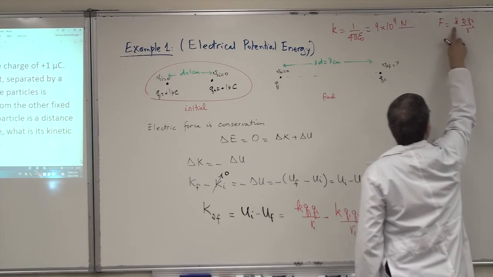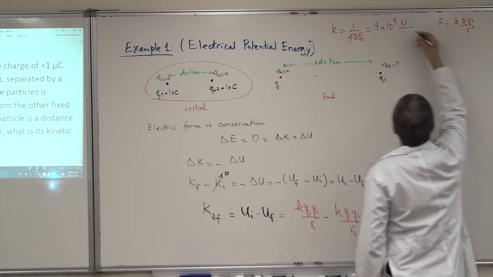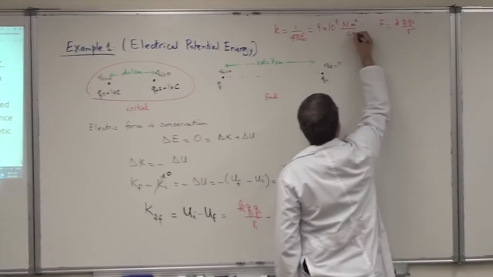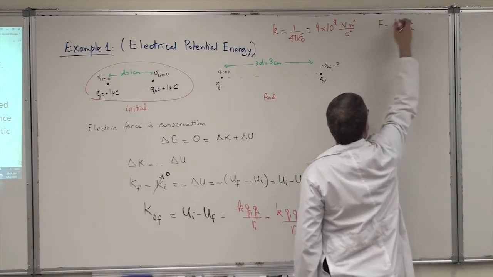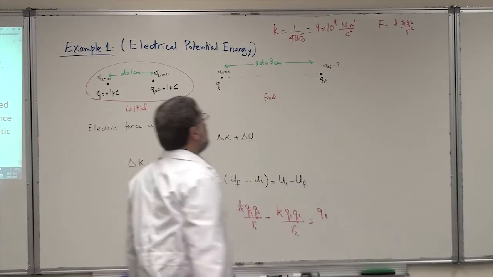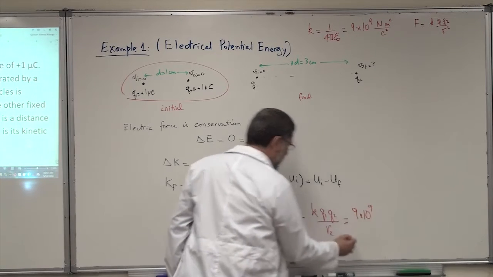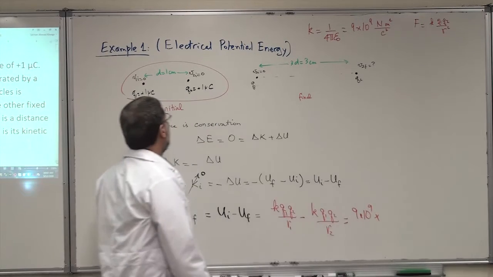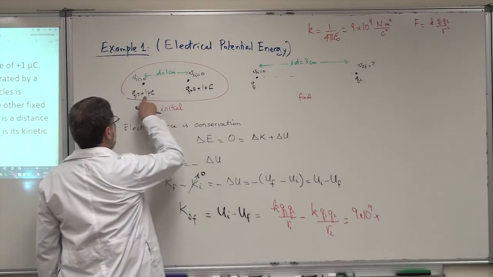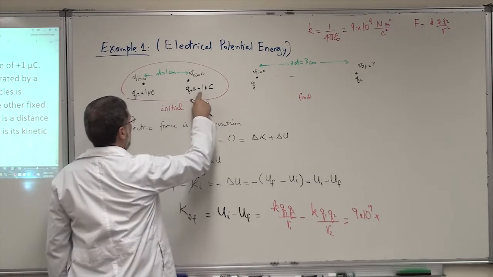So to find the units of k, it will be newton meter squared over coulomb squared. You bring this here and you bring this here, and you get the units for k. But anyway, let's put the numbers there, 10 to the power 9. Now, I multiply by the charges, 10 to the power minus 6 times 10 to the power minus 6.